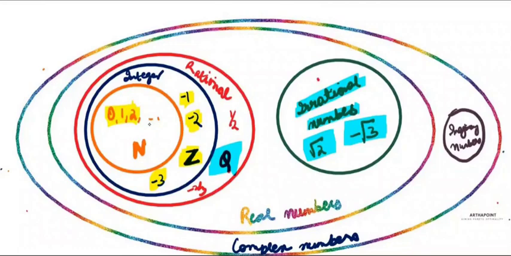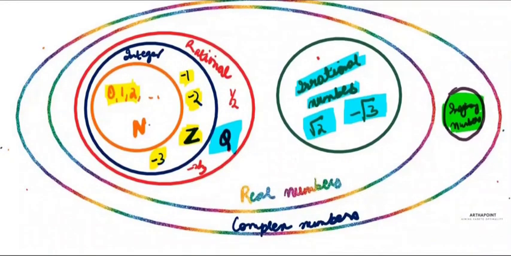Then we have something which is known as imaginary numbers, which has iota in it. Whether a number is a real number or an imaginary number, both these things together form complex numbers. So a complex number has this complete circle in it of real numbers. And then a complex number also has these imaginary numbers to it.